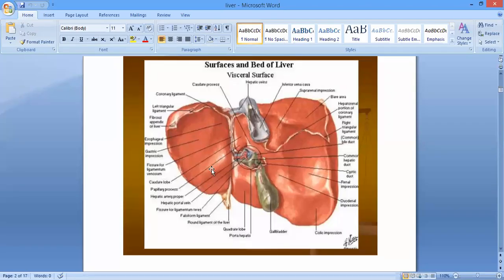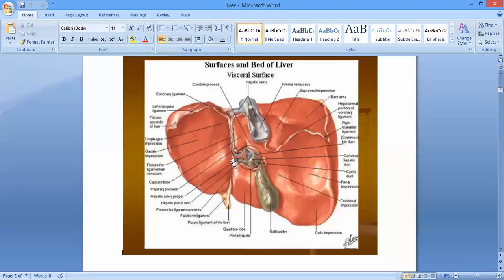But remember one thing, the liver produces a larger amount of the lymph from the body, contributing about 1/3 to 1/2 of the body's lymph.